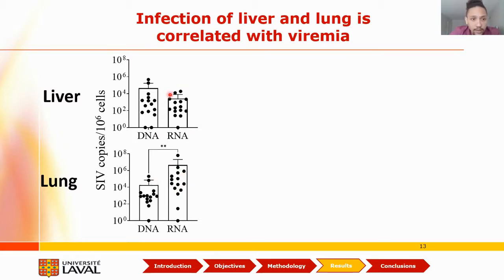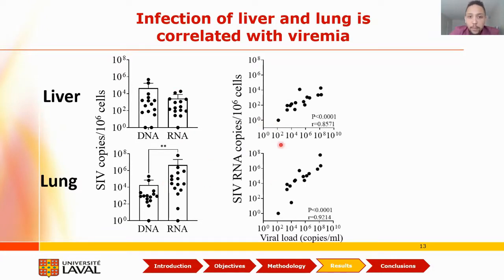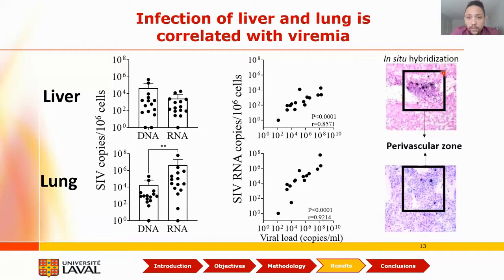Interestingly, these HIV RNA levels in the liver and lung are both strongly positively correlated with the viremia of infected monkeys. Moreover, in situ hybridization showed that the spots of viral replication, as shown here and here, are located in perivascular zone where circulating cells infiltrate the tissue.